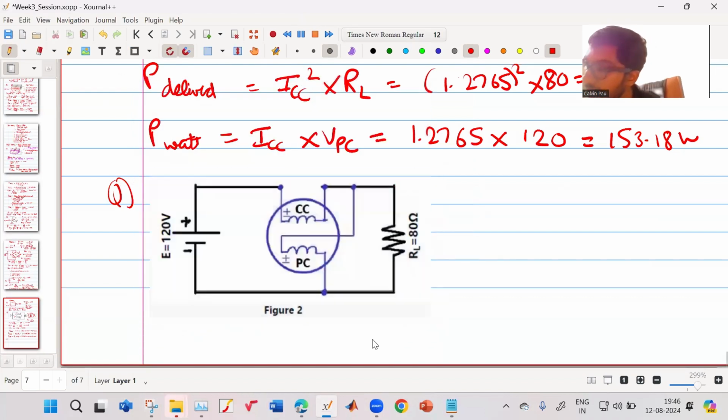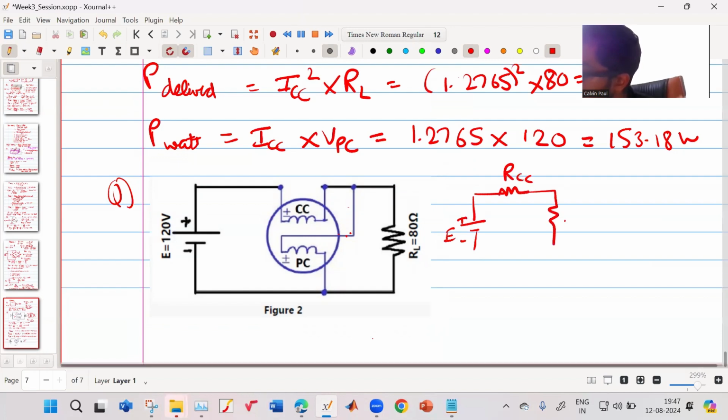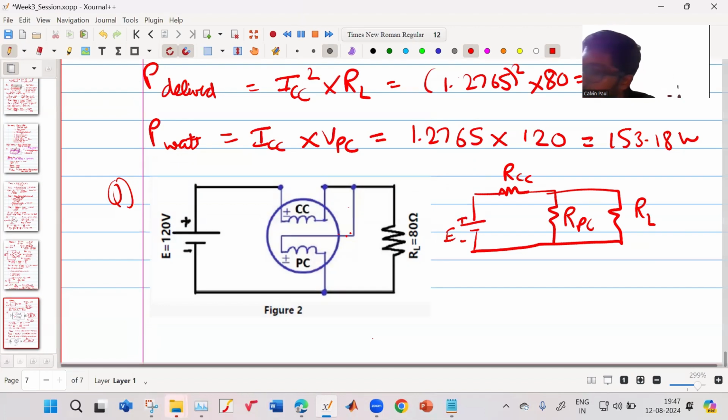Instead, the pressure coil is connected directly across my resistor. So the circuit becomes: resistor, current coil, pressure coil, RL. Now, how much will be the current and voltage? So this is the current to the current coil, this is the current to the pressure coil, and this is the load current.